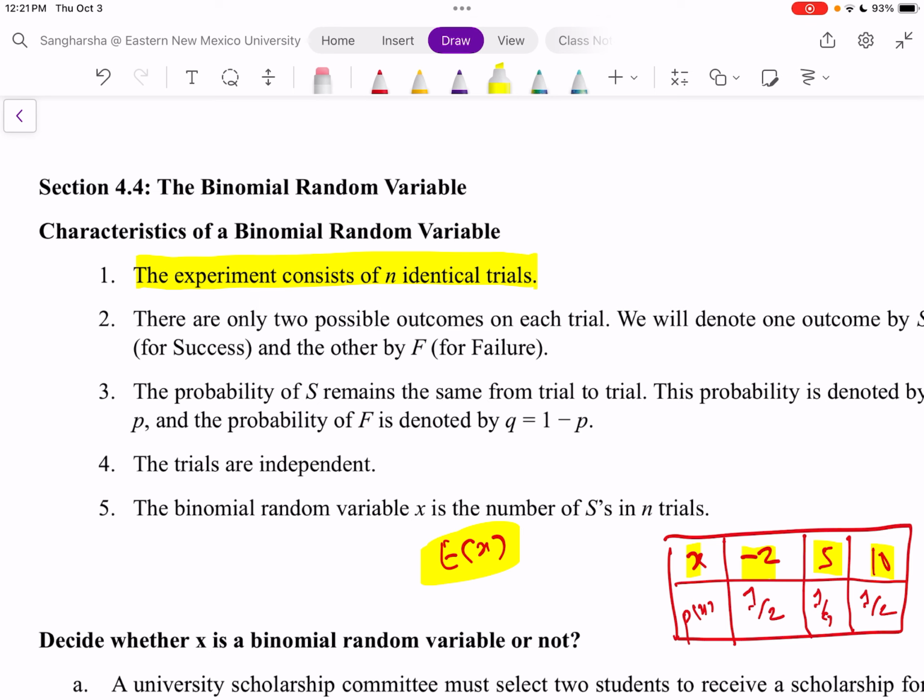Now, are all those 5 trials similar or not? If you toss a coin 5 times, will the trials be similar to each other or not? They are identical, right? We are tossing a coin 5 times, so it's the same experiment. They are similar, right? So your experiment has to consist of any number of identical trials.